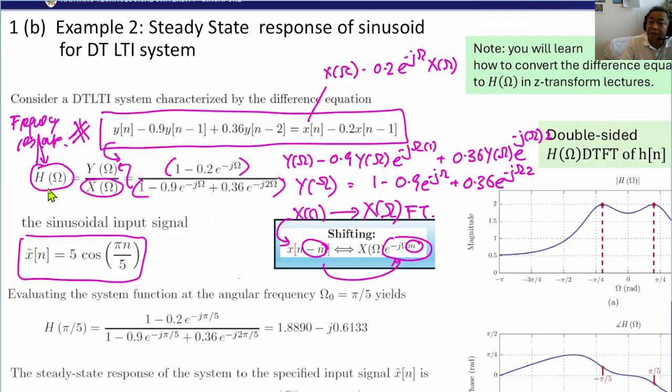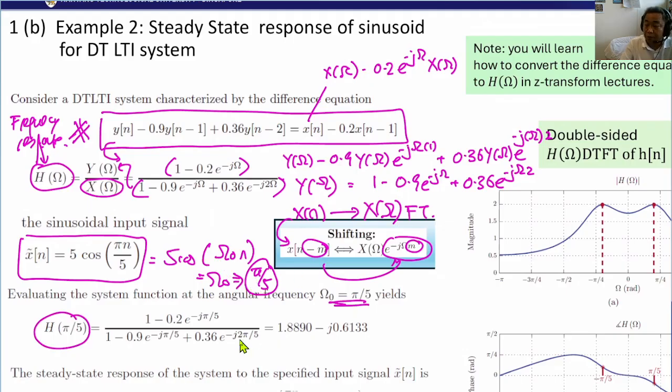And remember that given the input is this signal, which is actually 5 cosine omega naught n, therefore omega naught is equal to pi over 5. All we need to do is to substitute pi over 5 into this equation, h of omega, for omega equals pi over 5, and then we would yield the frequency response.